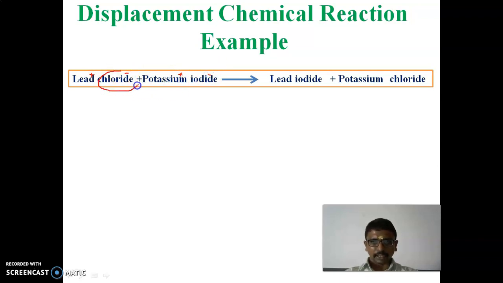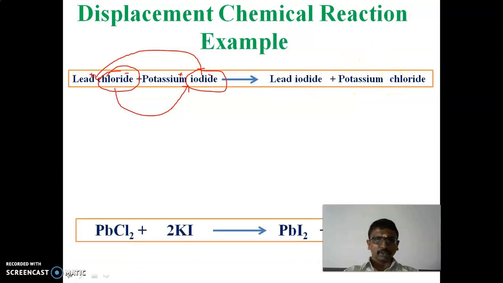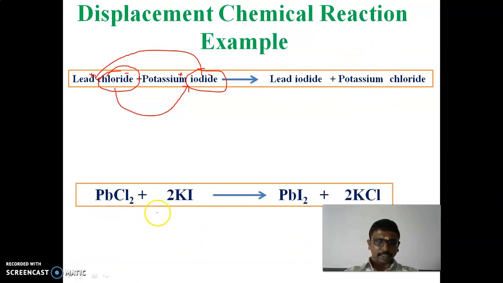So here the chloride is displaced and it will form potassium chloride, and the iodide is displaced here and it will form lead iodide. So the products are lead iodide plus potassium chloride. That is PbCl2 plus KI gives PbI2 plus KCl.